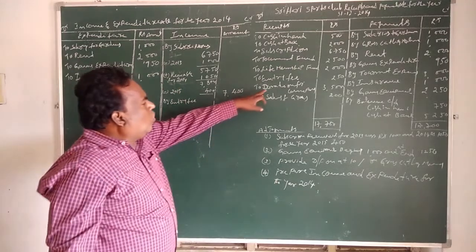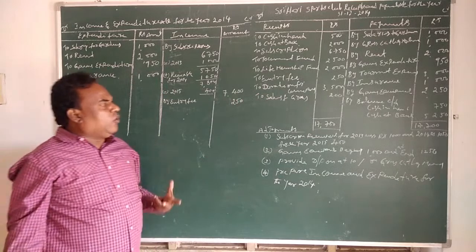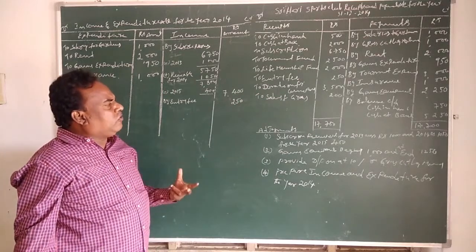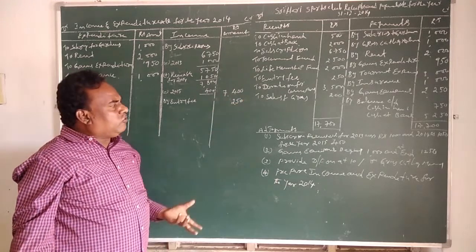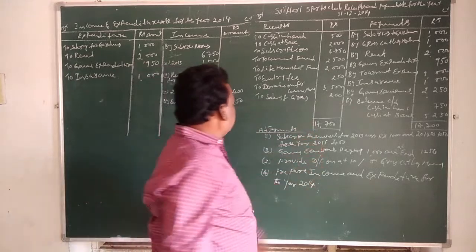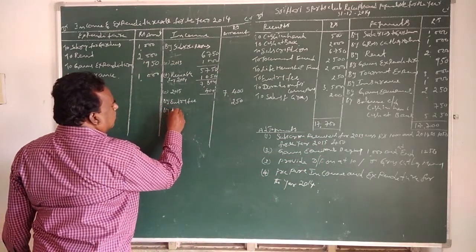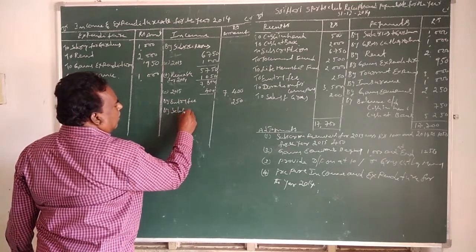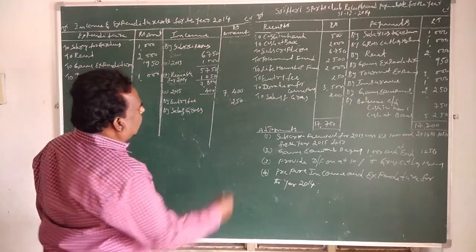Next, donations for computer are specific donations. Specific donations are not recorded in the income and expenditure account. They are recorded in the balance sheet of the non-profit organization. Next, by sale of grass 200.